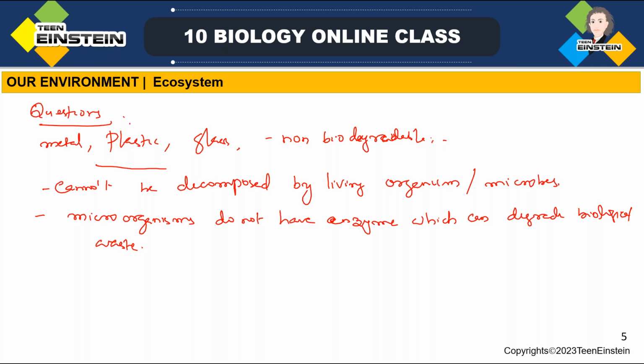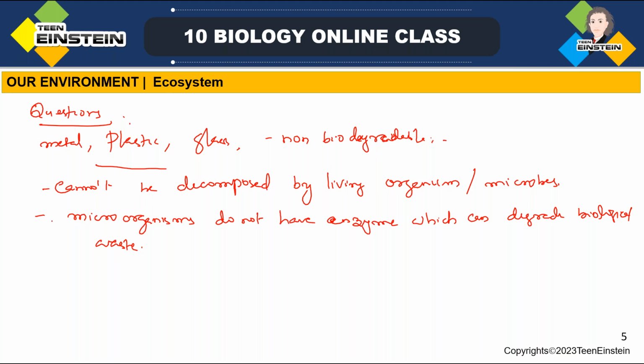Okay, so the microorganisms do not have any enzyme which is able to degrade this metal, plastic or glass. So that's why we are classifying them as non-biodegradable waste. There is no biological process, even microorganism or enzyme, to degrade such materials. That's why we are calling it non-biodegradable waste.